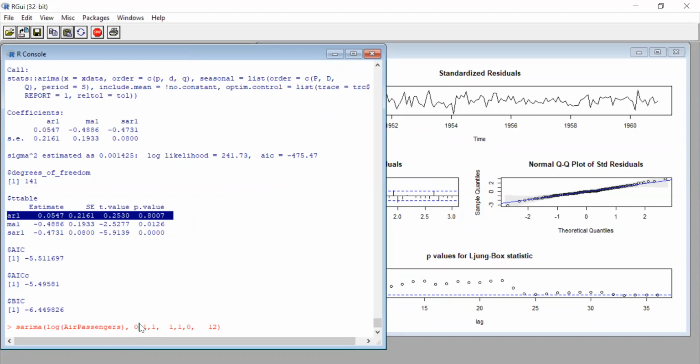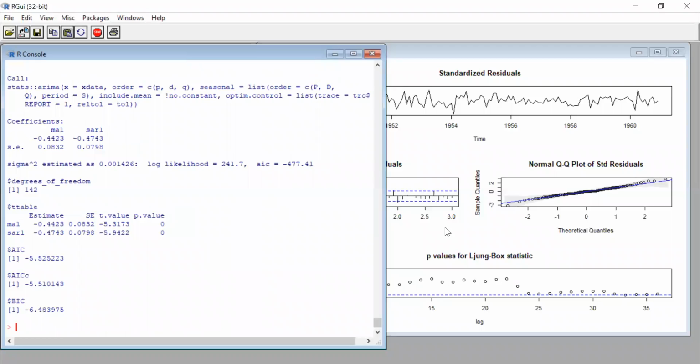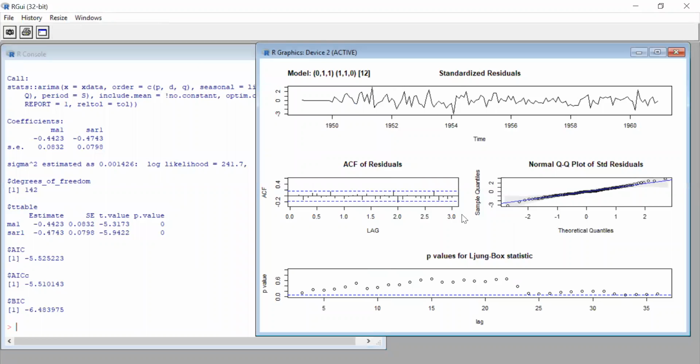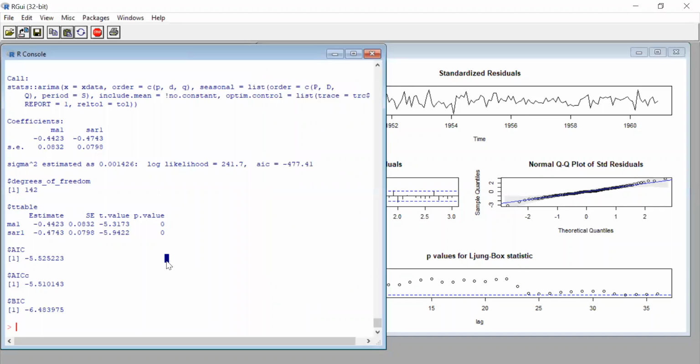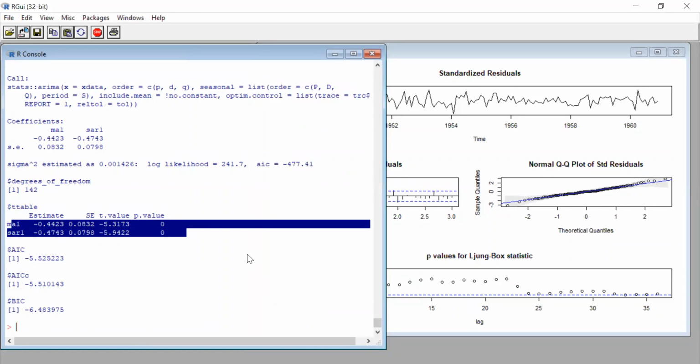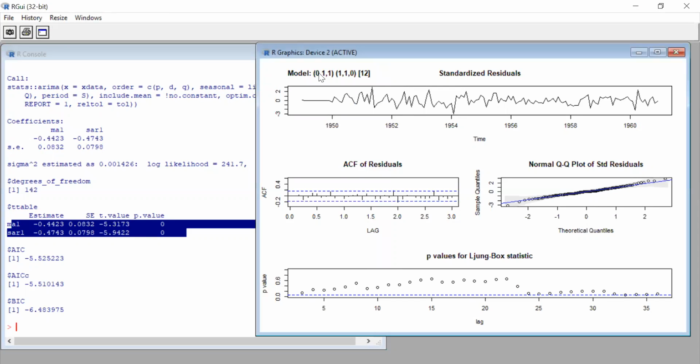So we can delete the AR1, I mean the small p1. Let me try this one again. The diagnostics picture is almost the same. At the beginning it's almost 0.05 and later it's the same thing. And all the p-values are very significant, almost 0.